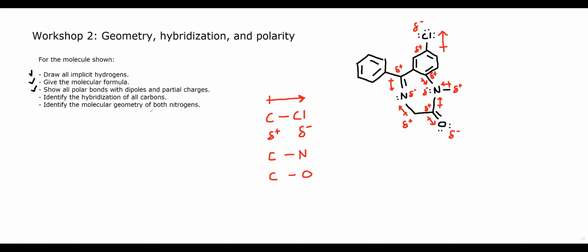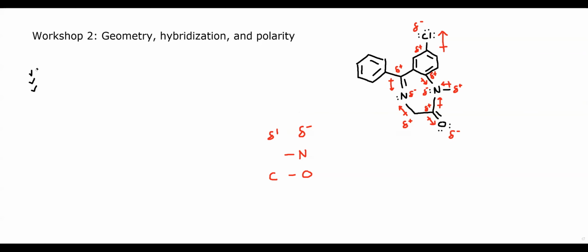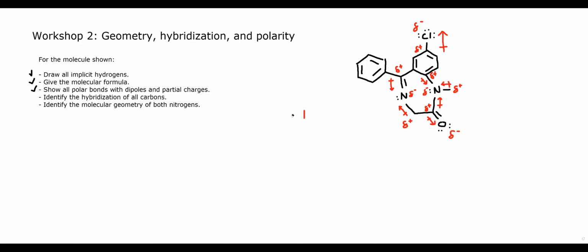Okay, there's that one. Identify the hybridization of all the carbons. So let's identify the hybridization state of these carbons. Let me clean this up a little bit. So we should remember, if we have carbon with 4 single bonds, that is going to be sp3 hybridized.